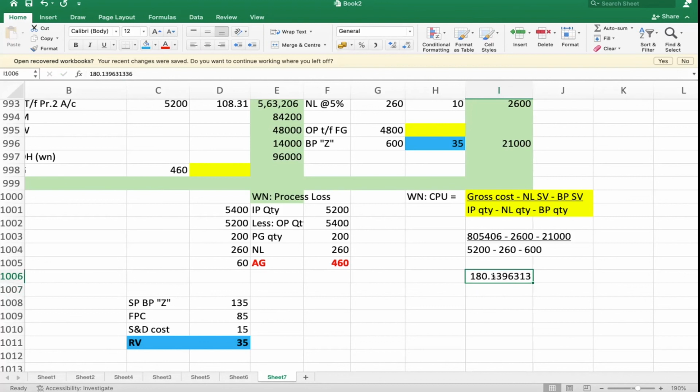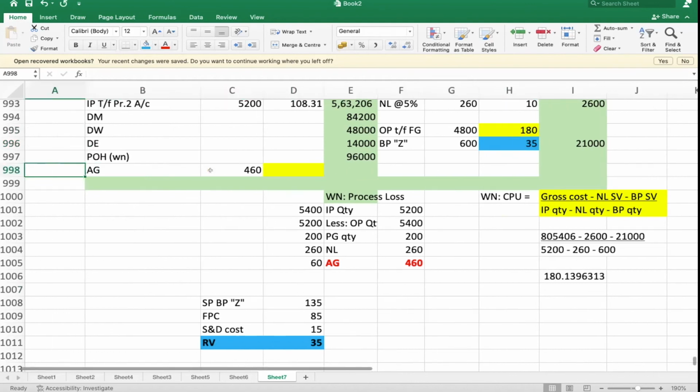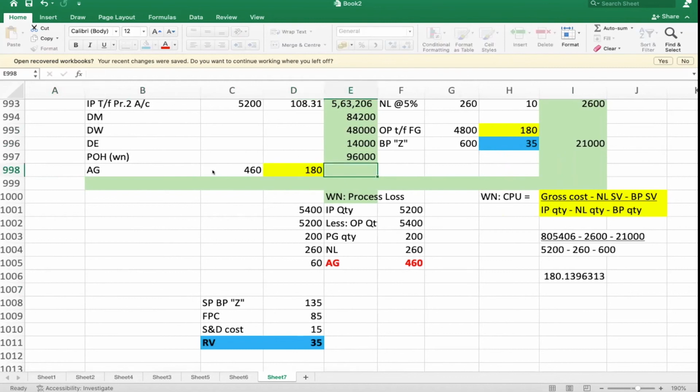Now, finished goods value is also 180 point something. Abnormal gain value is also 180 point something. Therefore, to compute the value, multiply with the exact quantity.